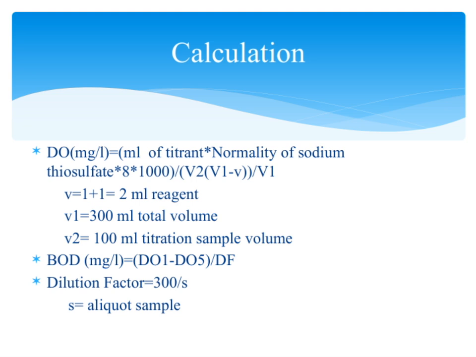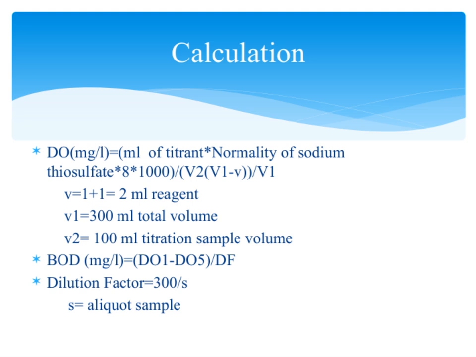Now, V is the volume of reagent used, and in this case, it's equal to 1 plus 1, which gives us 2 milliliters. V1 is the total volume of the sample, which is 300 milliliters, and V2 is the volume of the titration sample, set at 100 milliliters. These values are key because they help us standardize the calculation for the DO.